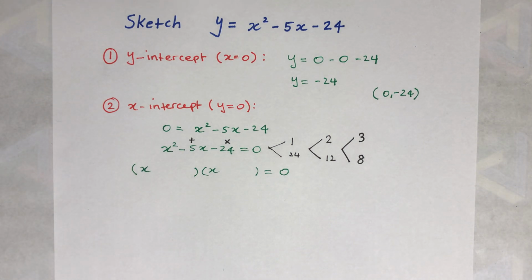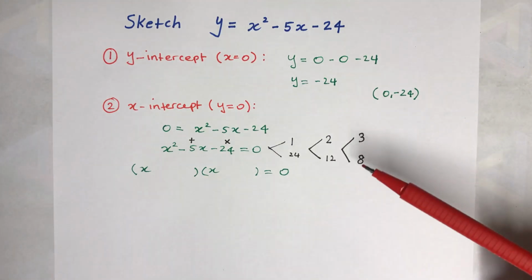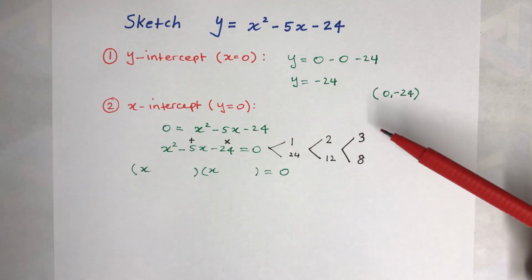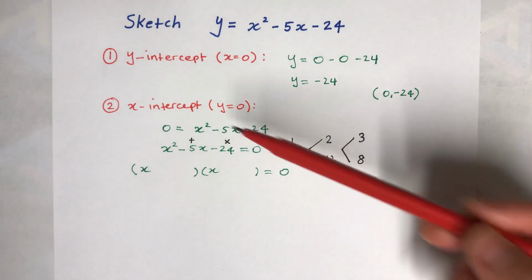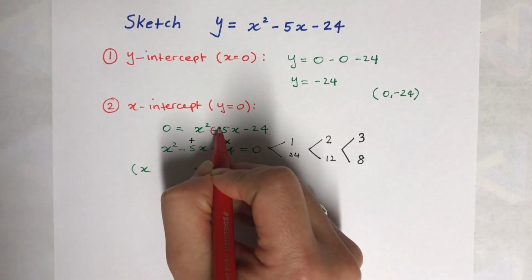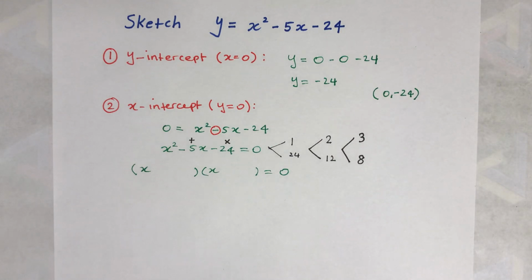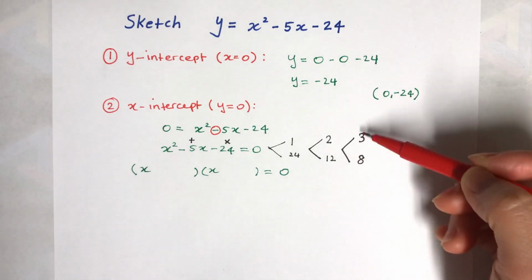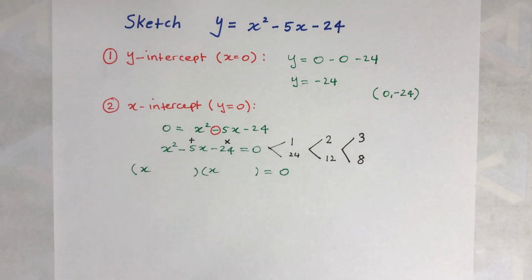Now I can play around with that to find 5, or minus 5 in this case. So now I know when I times 2 numbers, I will get 24. When I play around with the sum, I will get 5. So let's have a look at the middle number here. It's negative 5. When I add these together, I have to have minus 5.